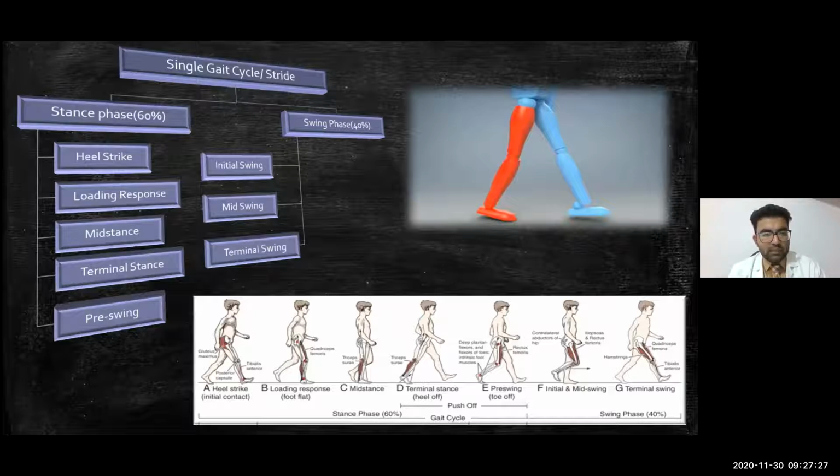Then when all the weight is only on the foot that is on the ground, that phase is known as mid stance. After that, the terminal stance comes, and then the brief period just before the swing phase is known as pre-swing. The swing phase has 3 portions: initial swing, mid swing, and terminal swing. Here is a video which will give a better idea.